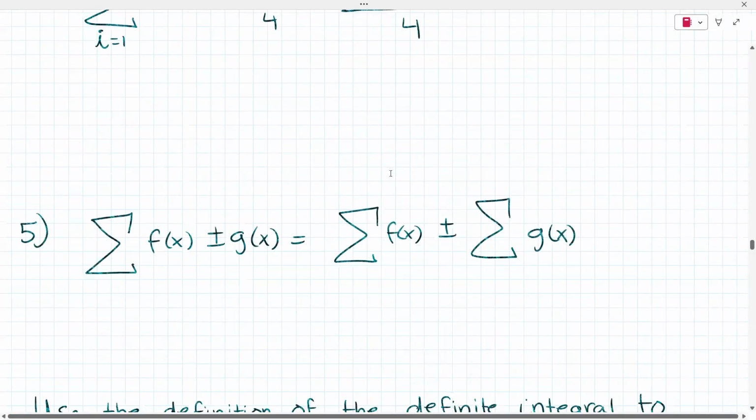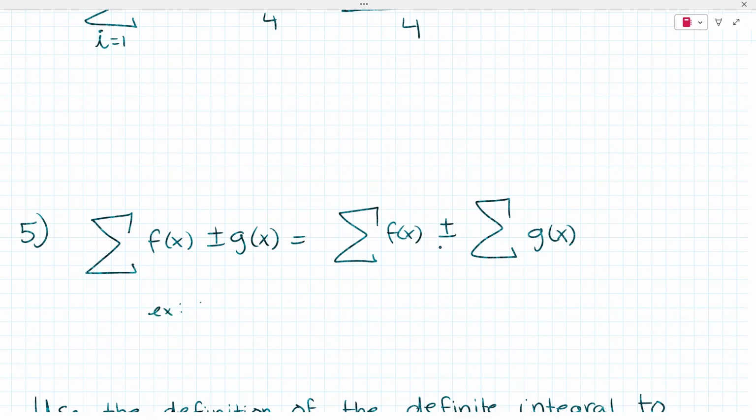And if you have two separate summations, you could break it down into 2 different summations, right? Like, let's say you had 3x squared plus 4x plus 1. You have 3 different terms. You could just break it down into 3 different summations.